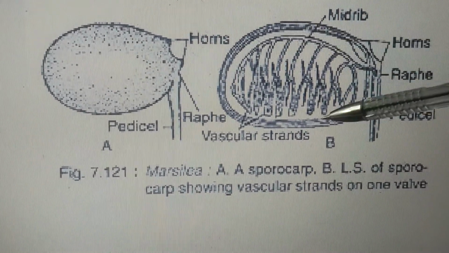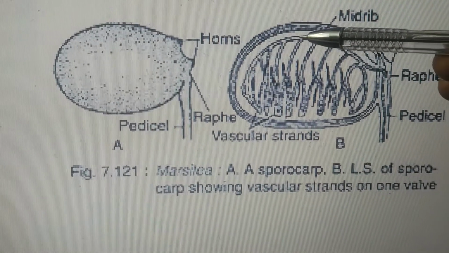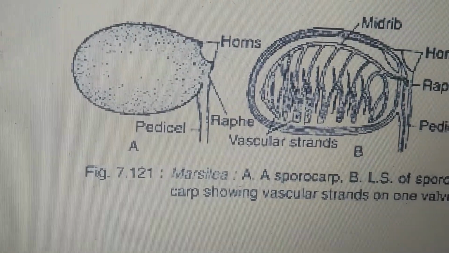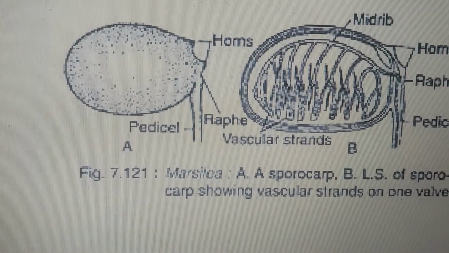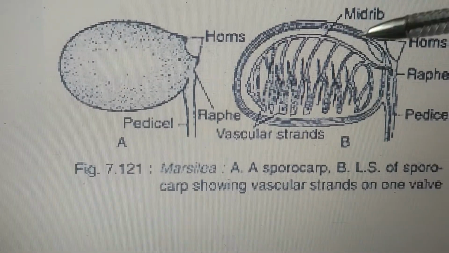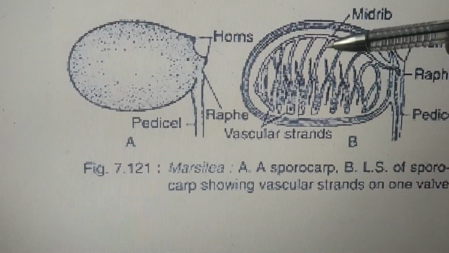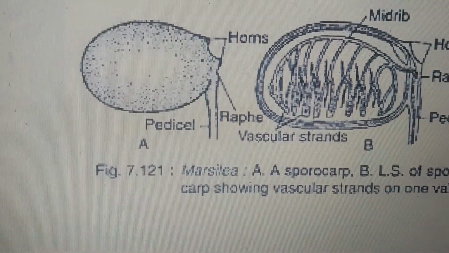This is the dorsal surface, this is the ventral surface. Along the dorsal surface, it continues and forms a midrib-like structure. And this we are going to call the dorsal bundle. Now this dorsal bundle is going to divide laterally and form lateral bundle or lateral branches.